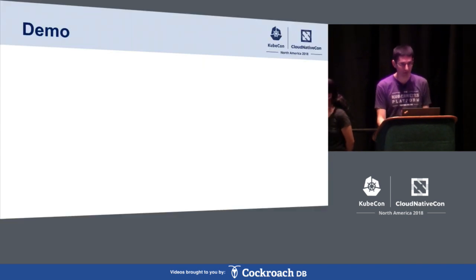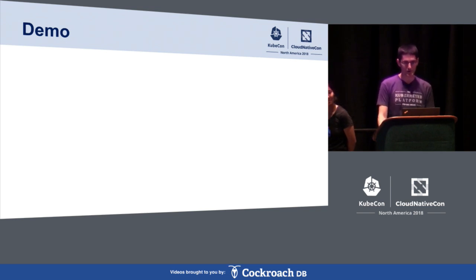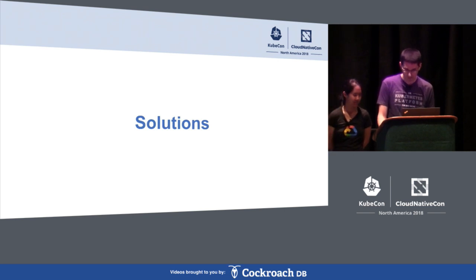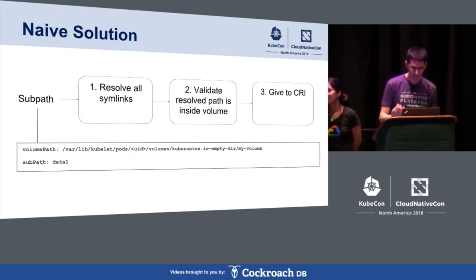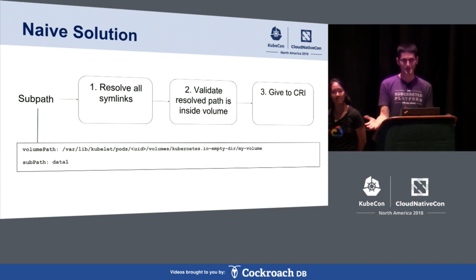So how did they fix it? The issue was reported just before KubeCon in Austin last year. So in Austin, we gathered together and brainstormed some solutions, and I'm going to illustrate our thought process because it wasn't easy to fix this issue. The first and most obvious solution was to check symlinks before we give them to the container runtime.